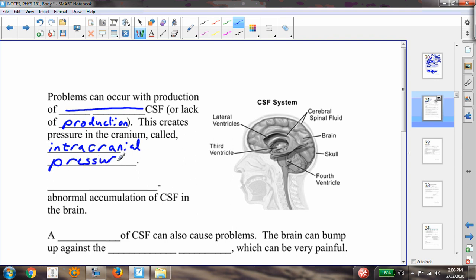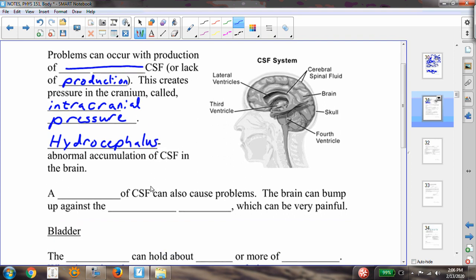So if you produce too much CSF, then you can have intracranial pressure. And this abnormal accumulation of CSF in the brain is called hydrocephalus. It means that you have too much CSF inside of your head. You get too much swelling.